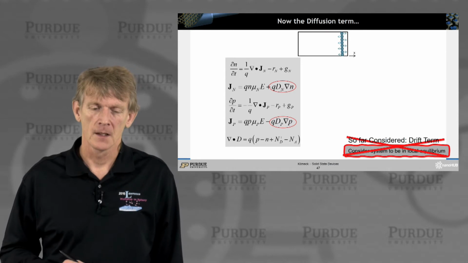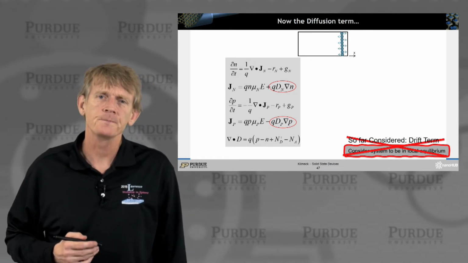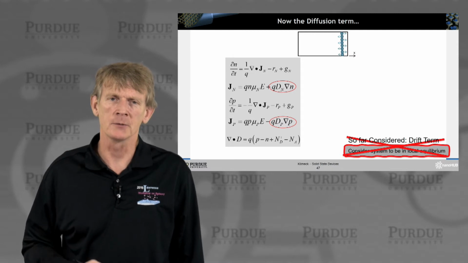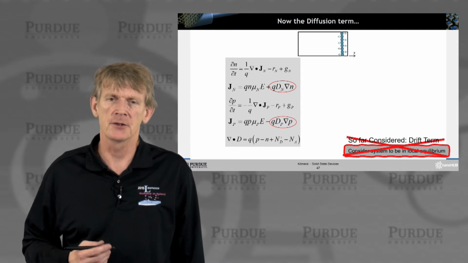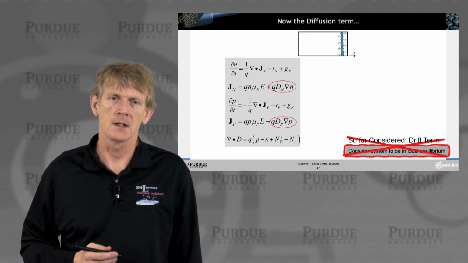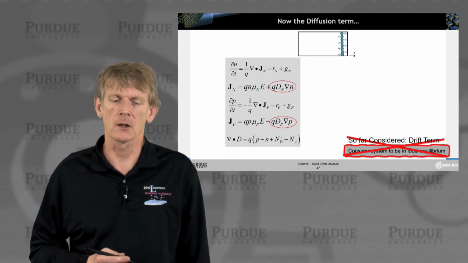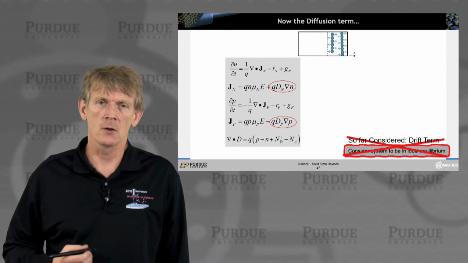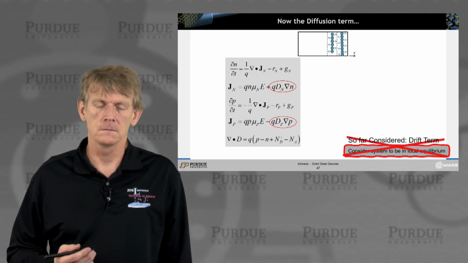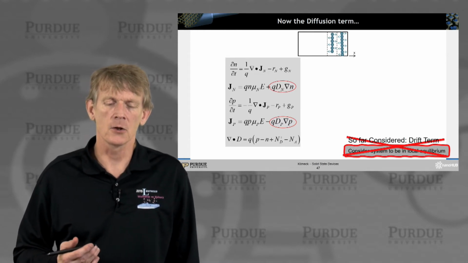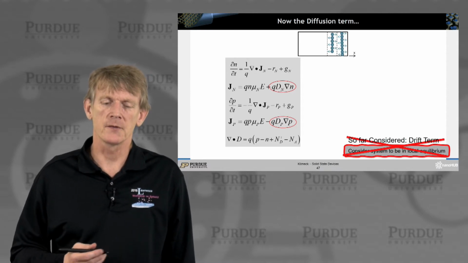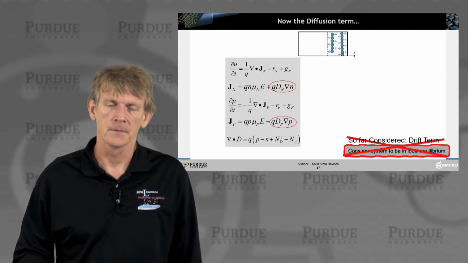So let's imagine you have a system that is driven out of equilibrium where somehow you have introduced a pile of charge at a specific location, say in a semiconductor. In a thermal environment where you have scattering, half of the charge will flow left and half will flow right.